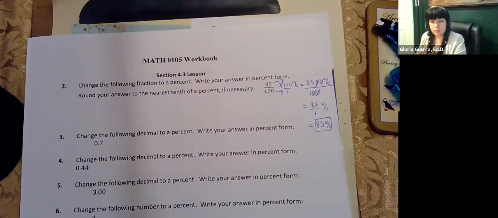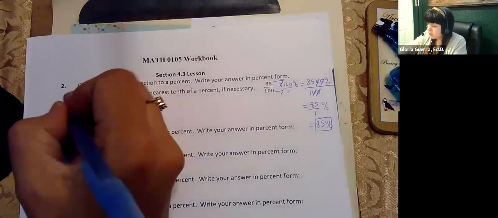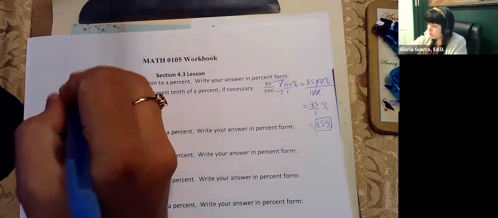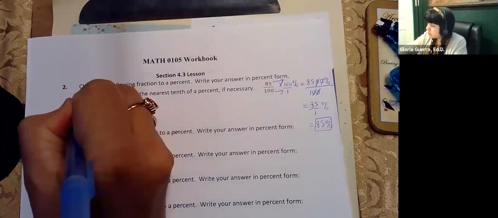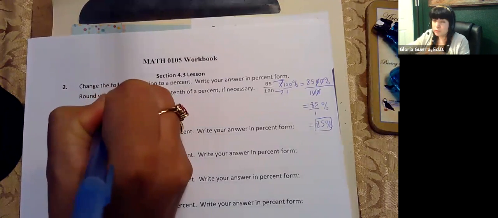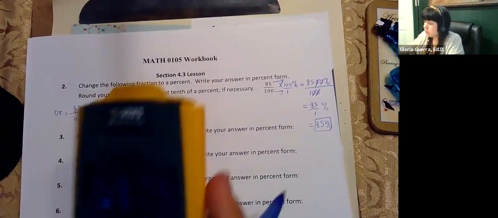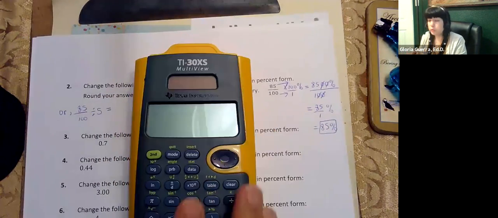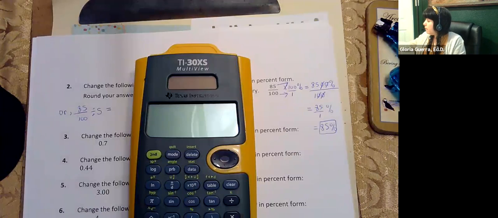Okay, the other thing you could do is if you wanted to, reduce 85 over 100 by dividing by 5. When you reduce, I don't know if I did that over here.